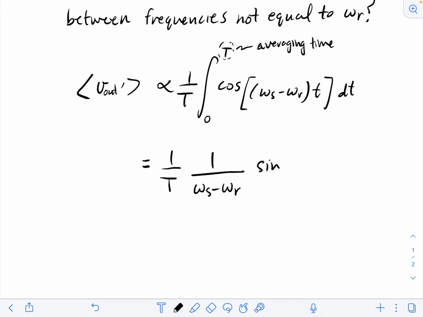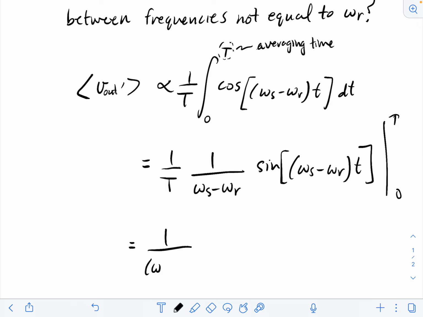And then we have our sine function of omega s minus omega r times t, and we have to evaluate between our integration limits 0 to capital T, the averaging time. And so this becomes 1 over omega s minus omega r times the averaging time, times the sine of all of that stuff, omega s minus omega r times the averaging time.